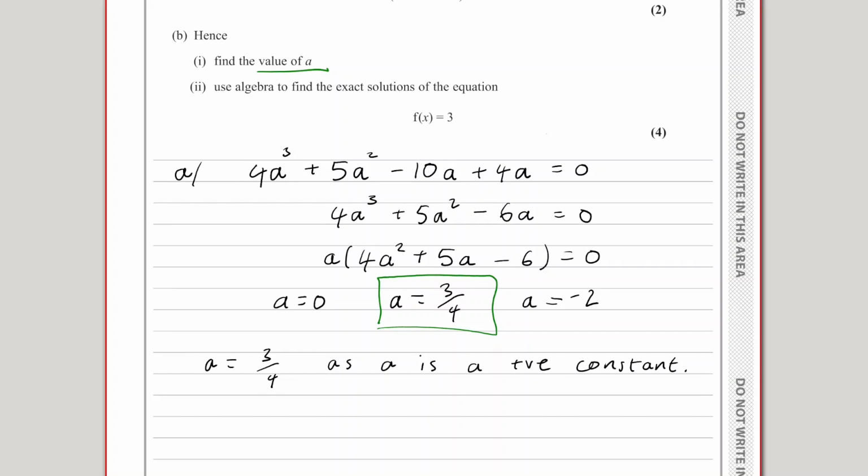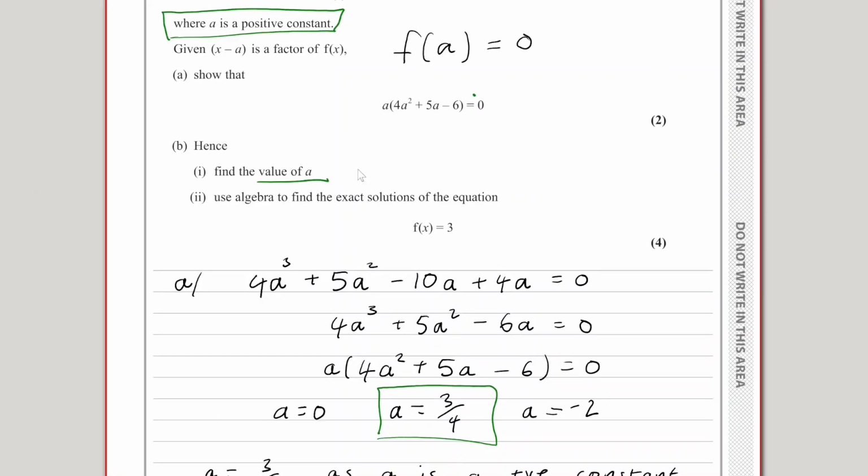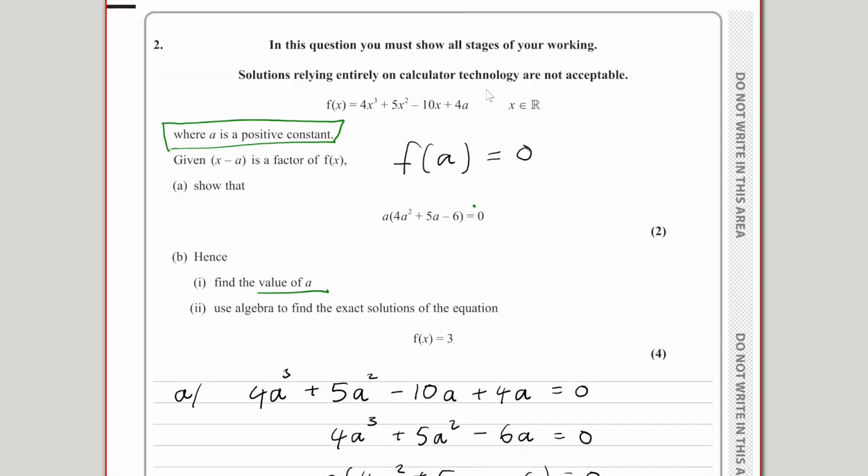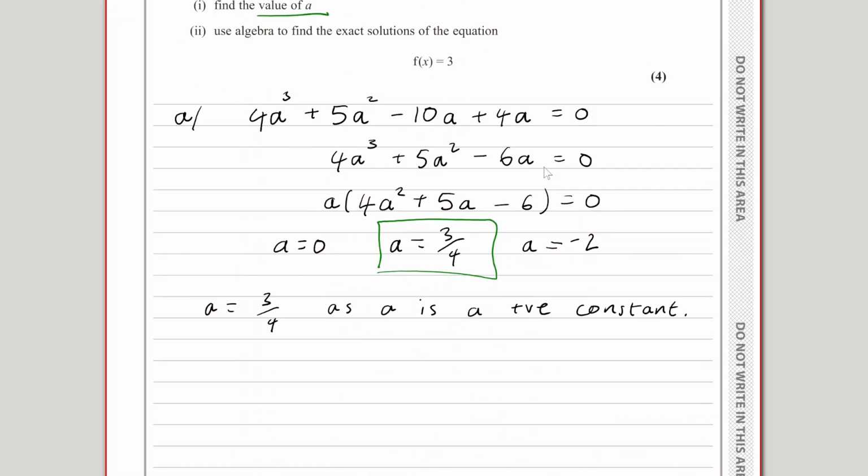Use algebra to find the exact solutions of the equation. So we know what a is. So all we need to do is substitute 3/4 in for our a. And then we can solve f of x equals 3.